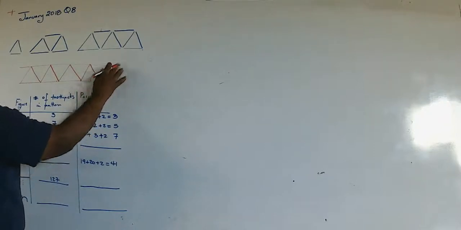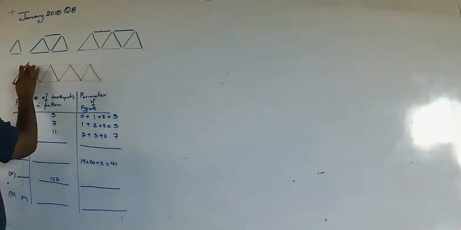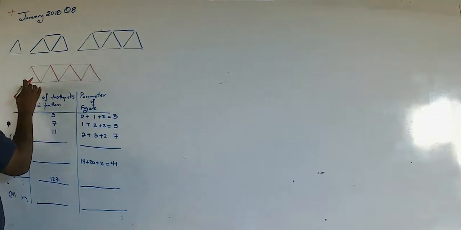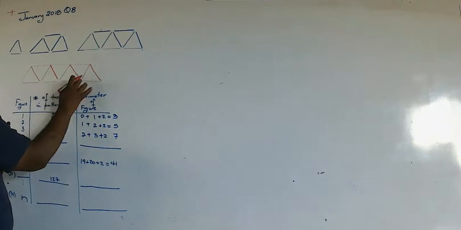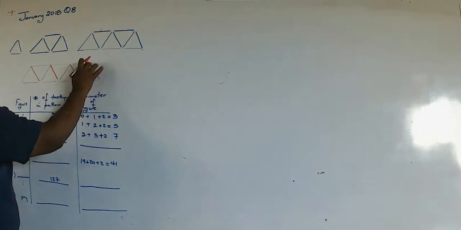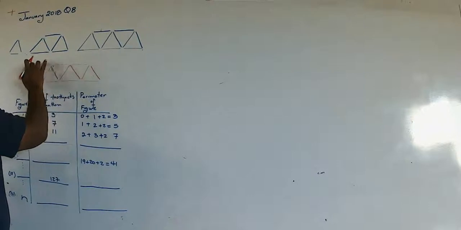By my estimation, the 4th figure in the sequence looks something like this. What do you all think? So my 4th figure in the sequence will look something like this.